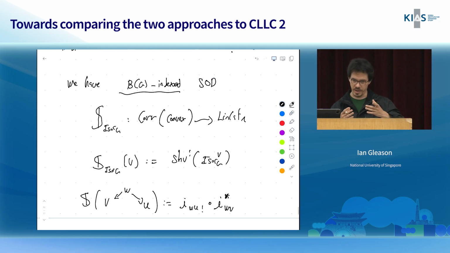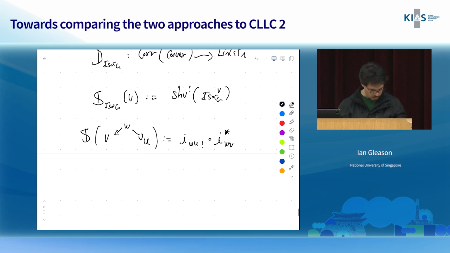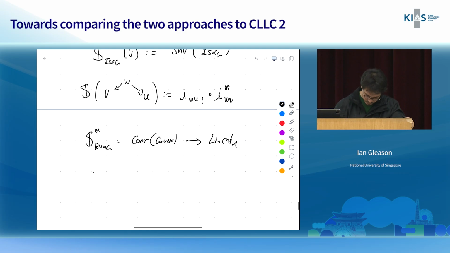And if we want to make semi-orthogonal decompositions match, well, you have a semi-orthogonal decomposition also on Bun G, but it's actually BG up indexed, right? So somehow we need to also get a BG indexed semi-orthogonal decomposition, and there is such. And so there is an exceptional semi-orthogonal decomposition on Bun G that again ranges over this correspondence of convex sets to Link at lambda. Okay, this part is easy to guess.